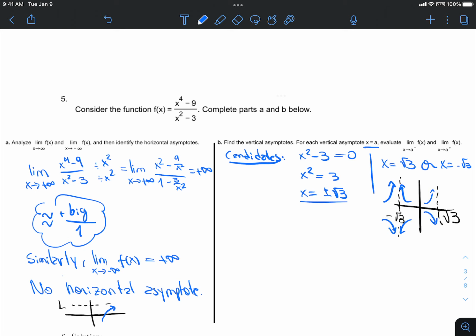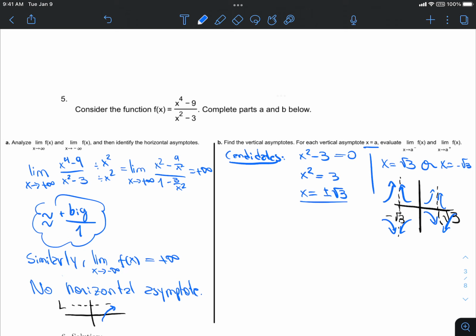So the graph approaches the asymptote when x gets closer and closer to root 3 or minus root 3. If one of these 4 happens, then x equals minus root 3 is an asymptote. If one of these 4 happens, then x equals positive root 3 is an asymptote.